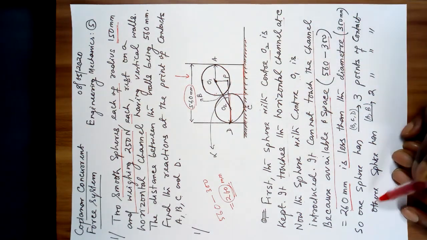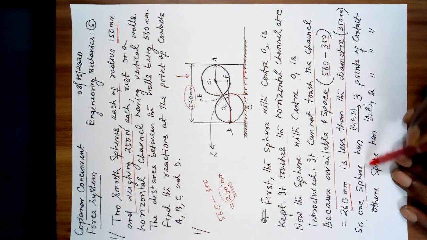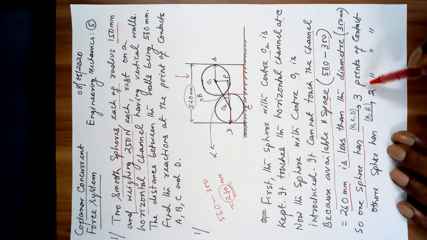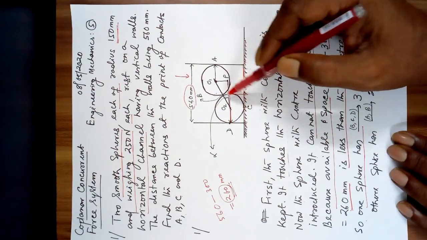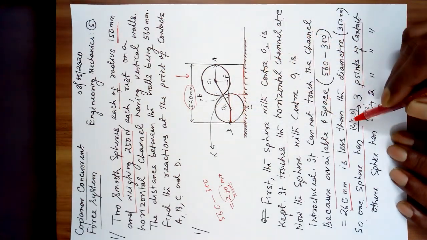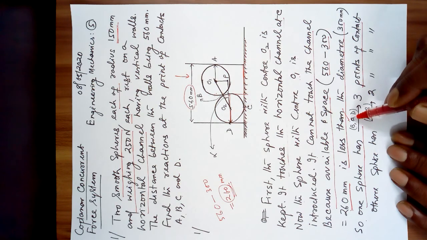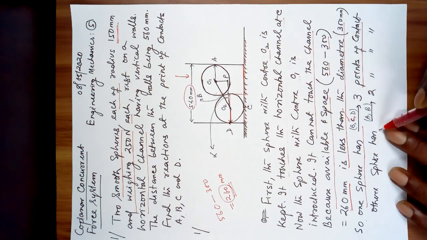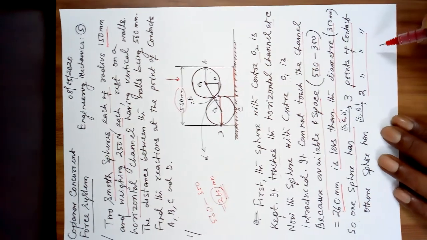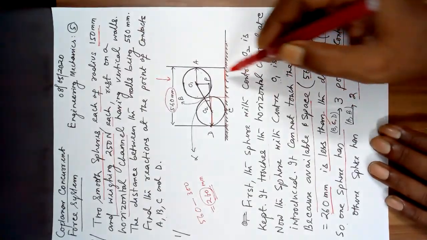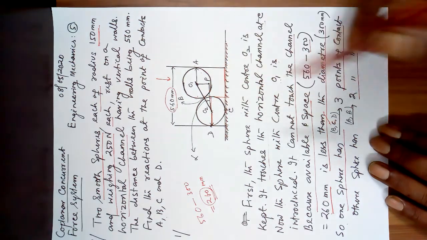So it will not fit. So one sphere has 3 points of contact, B, C, D, and the other sphere has 2 points of contact, at A and B.